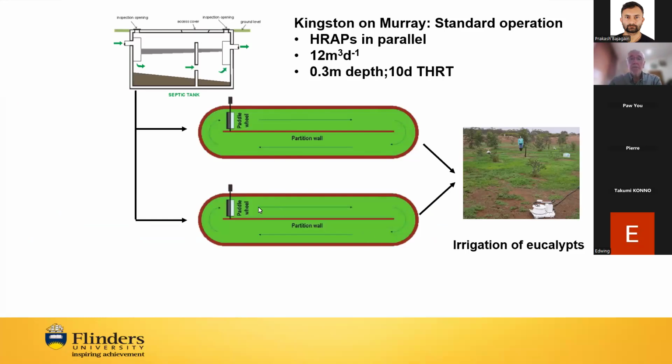So now the pond systems that we use in South Australia are validated. Currently, Kingston-on-Murray operates as 2 high rate ponds in parallel. Each pond receives about 6,000 litres of water, operates at a 10-day residence time, and it goes to irrigate eucalyptus trees as the final disposal pathway.